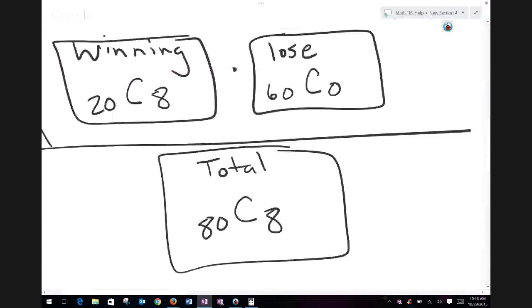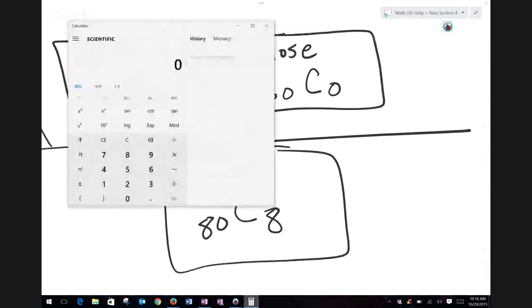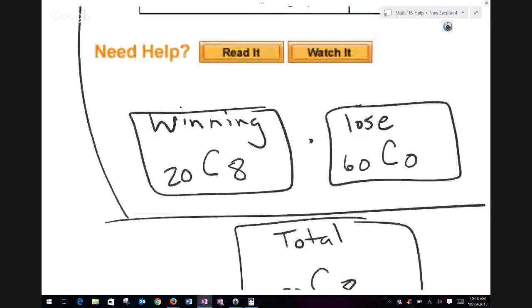So if we go back over here, these are going to be huge numbers. And you can see your scientific calculator doesn't have that ability, but you can always write out what 20 choose 8 is. That's going to be 20 factorial over 20 minus 8 factorial.